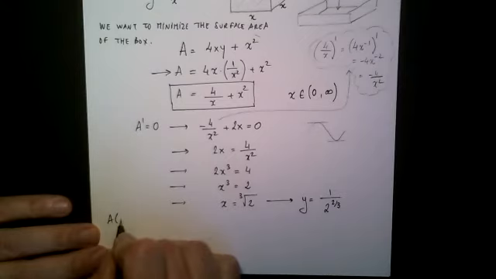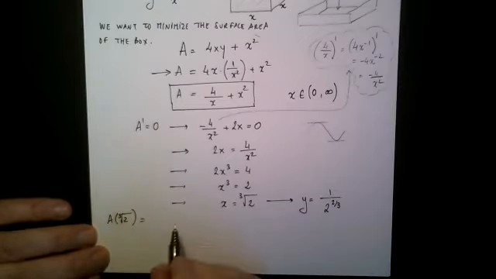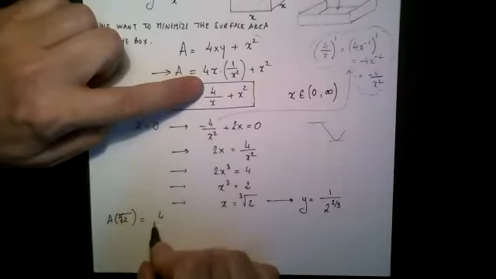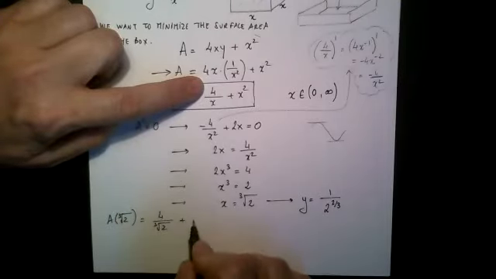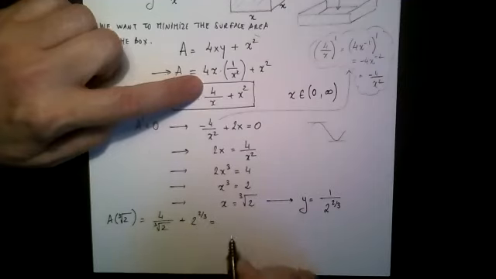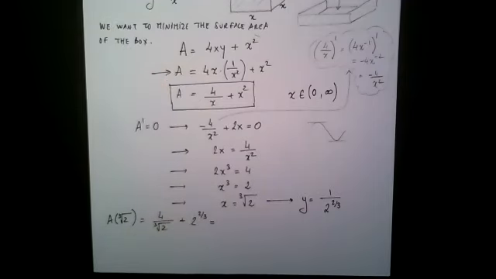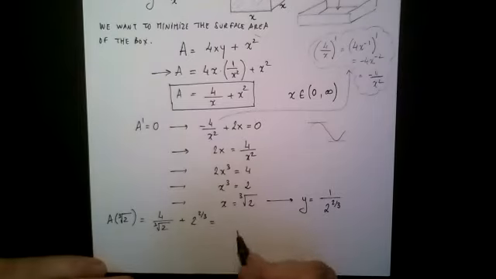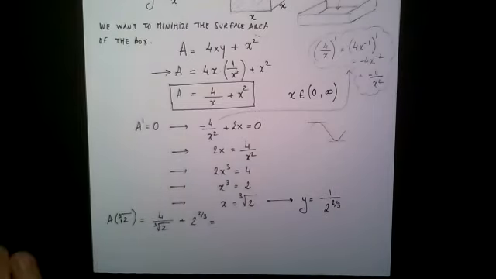So what will be the area at the cube root of 2? 4 over the cube root of 2 plus cube root of 2 squared, so 2 to the power 2/3. This will be the area. Okay, and what will this give me? Let's calculate it.